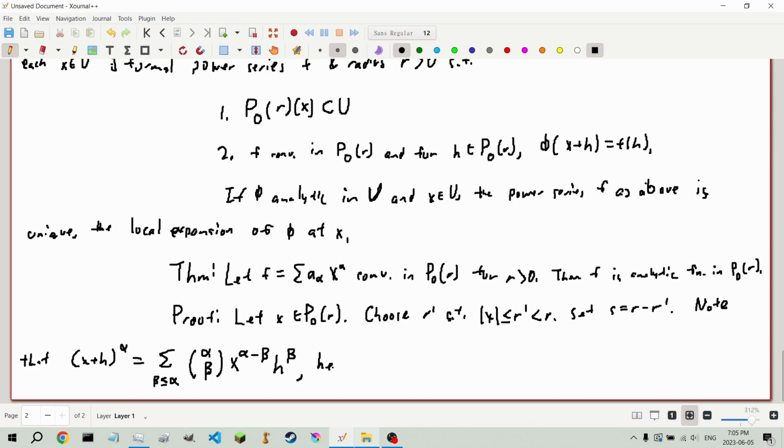So hence f of x plus h is going to be the sum over alpha of a_alpha times the sum over beta less than or equal to alpha of alpha choose beta, x^(alpha minus beta) times h^beta.